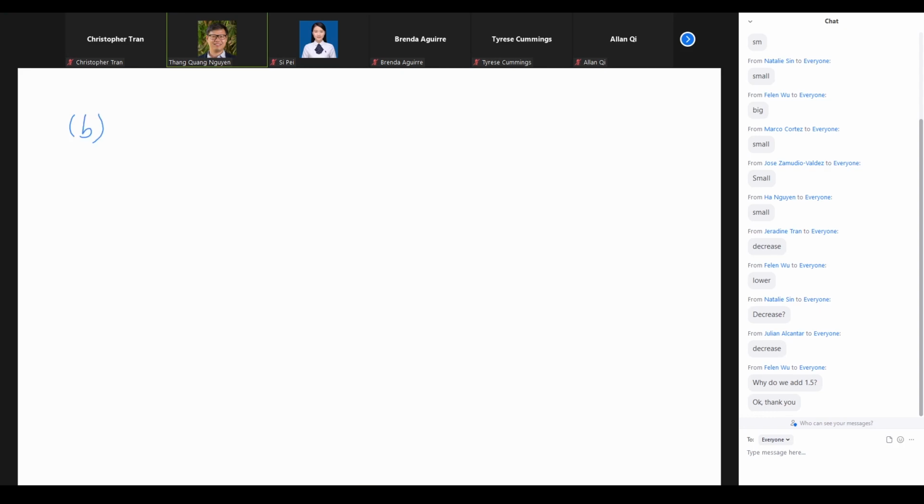In part B, we want the calculated sigma level to be 4.0. In this case, we need to calculate the number of errors.